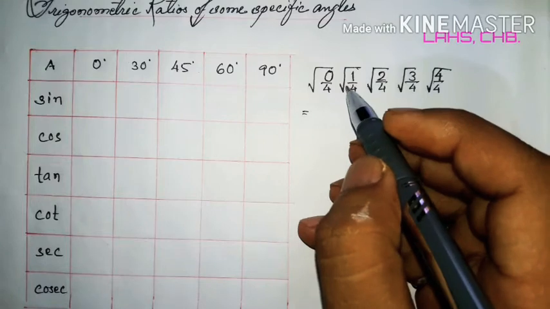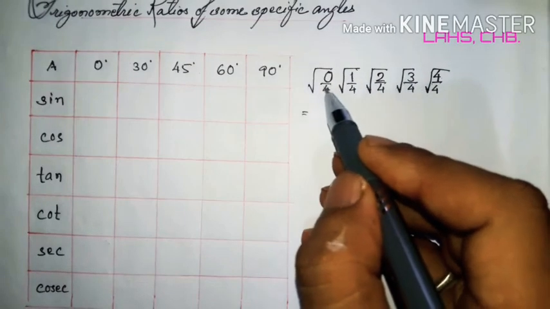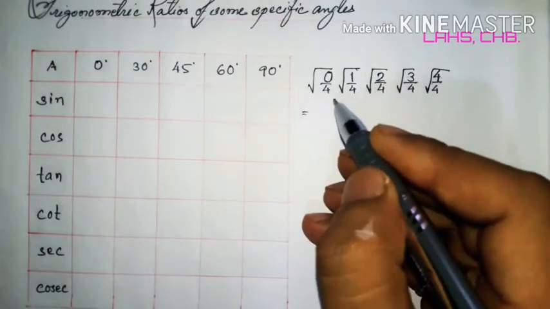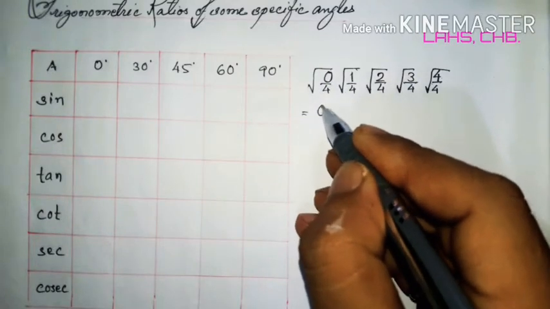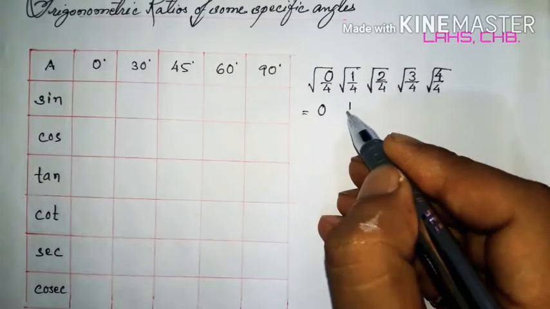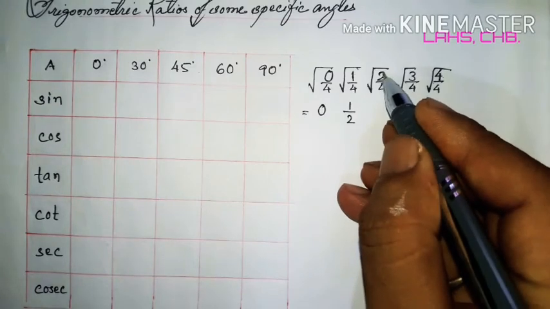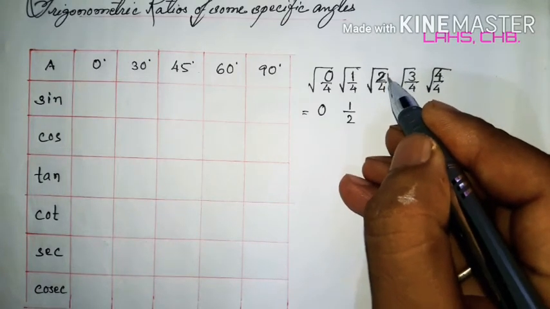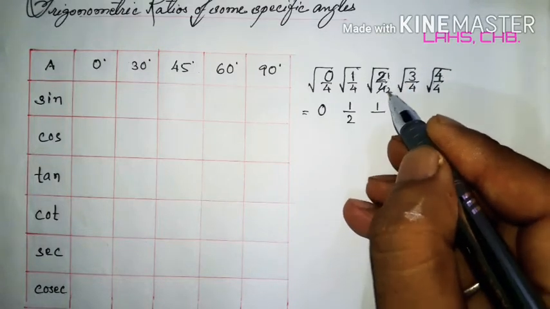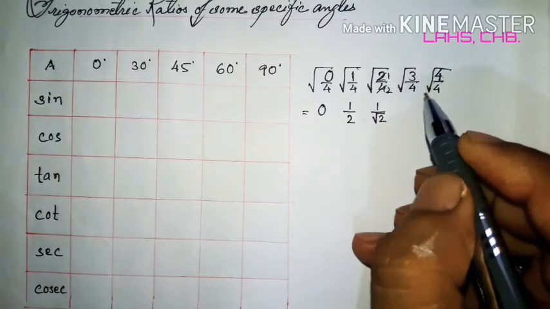That means we have written from 0 to 4, then divided each number by 4, and now we find the square root. 0 divided by 4 is 0, and square root of 0 is 0. 1 divided by 4: square root of 1 is 1, and square root of 4 is 2. Square root of 2 is not a perfect square, so keep it as under root 2.